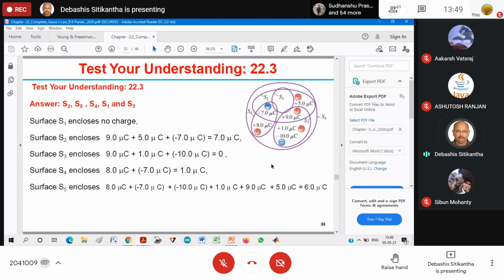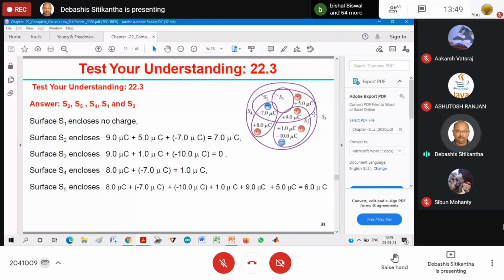Now those who can't make out, please look how I have done this. This is your S1, and see it is not containing any charges, so it encloses no charge. What about this S2? S2 is over here.